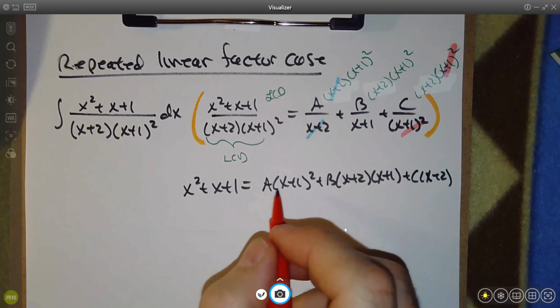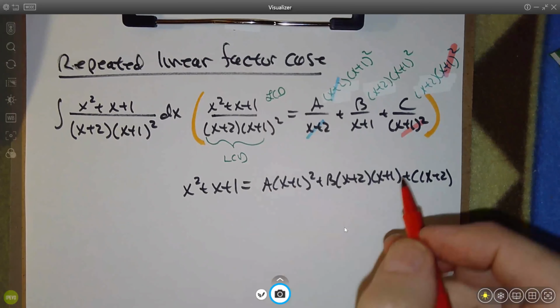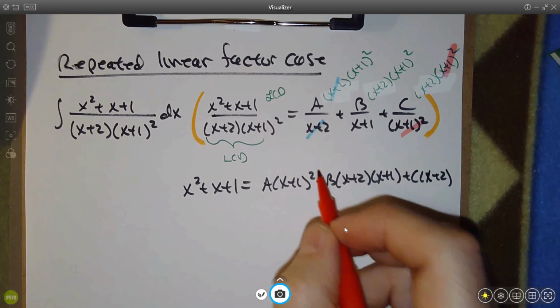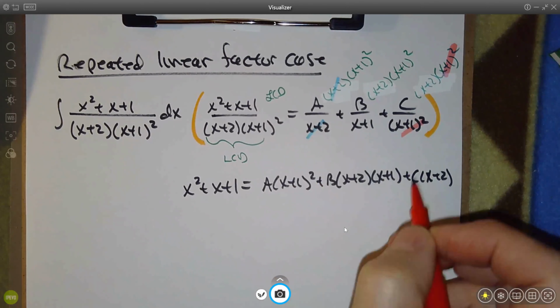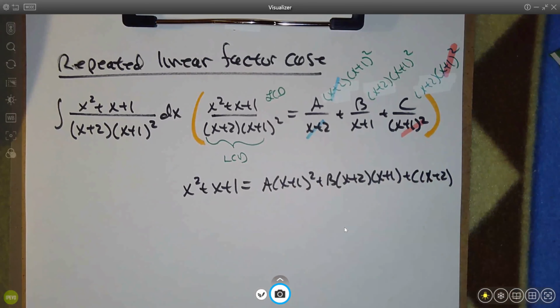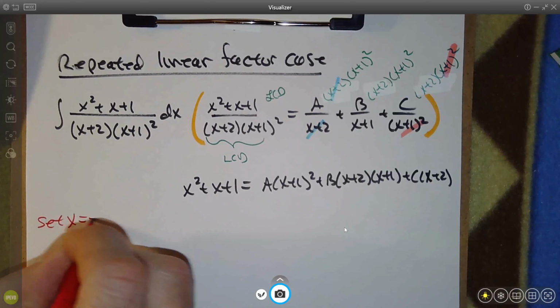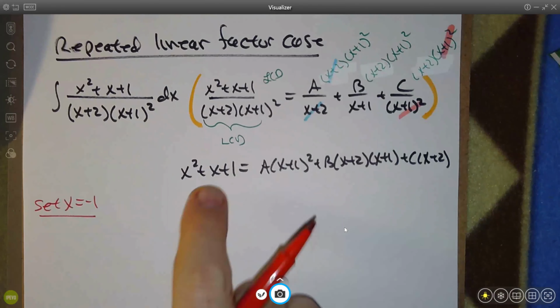Let's see. If I set x equal to -1, then this term and this term are going to vanish, right? Because -1 plus 1 is 0. The only term that doesn't vanish is the C term. So let's do that. Set x equal to -1. Now the unfortunate part for us is that we don't have a nice constant on the left-hand side like we did earlier. Here we actually have to plug it in.